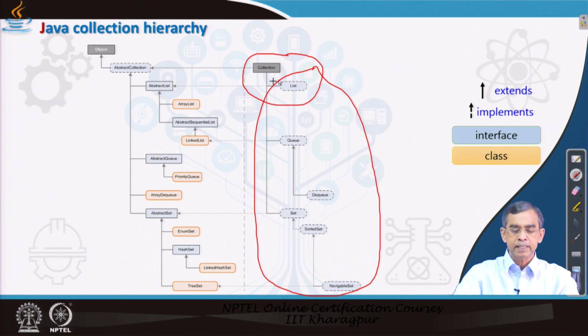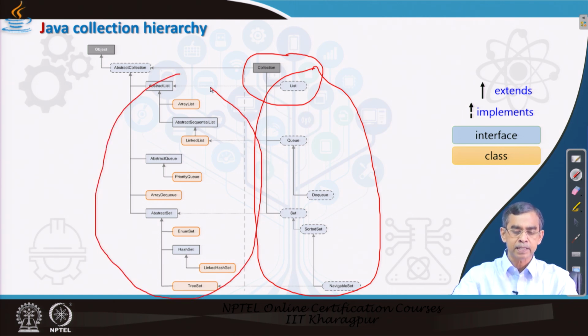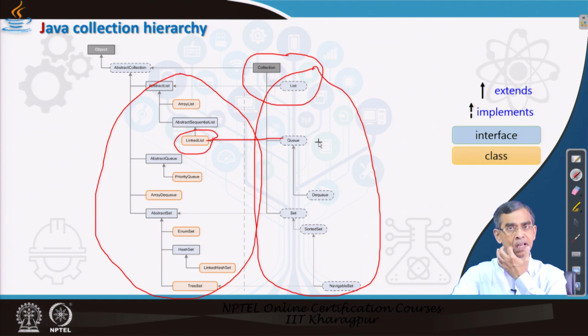Now, all those interfaces are implemented with several classes. Some classes are abstract classes, they are like interfaces, but abstract. On the other hand, there are certain classes that implement all these interfaces. For example, here LinkedList is a class which implements Queue, an interface, and so on. Here, the interfaces and the different classes are shown in one view.